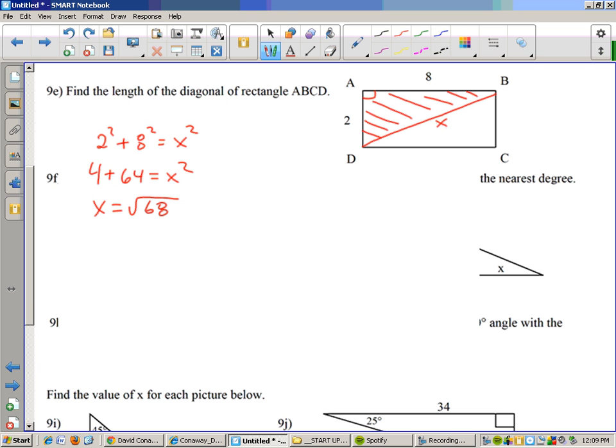So 4 times, don't give me a line, 17? So that would be 2 root 17, I believe. Am I right on there? Somebody put that in their calculator. See if that's right. Square root of 68 is 2 root 17. Okay, there we go.